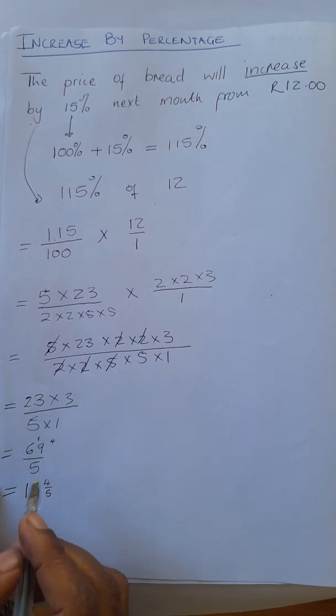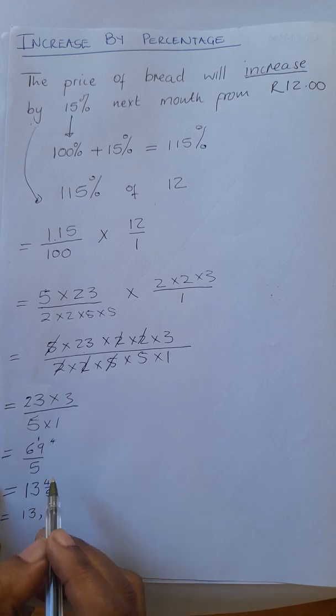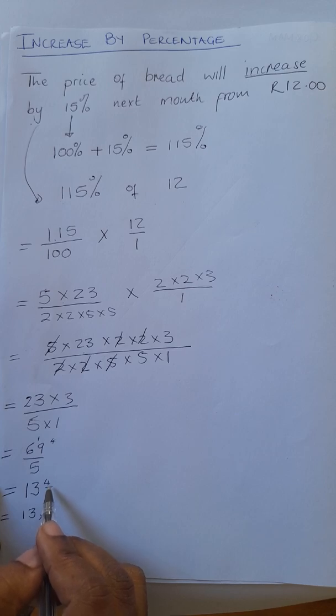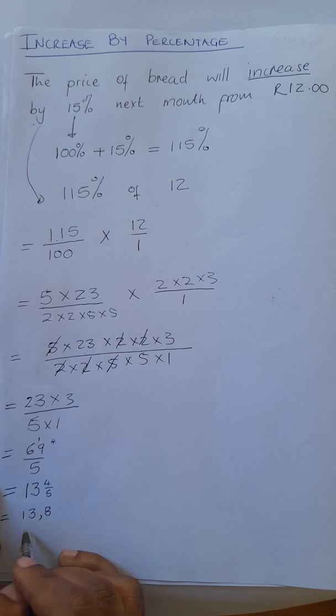If we write this in decimals, this is going to be 13 comma, and 4 divided by 5 is 0, and 40 divided by 5 is 8. So this is going to be our new price for bread.